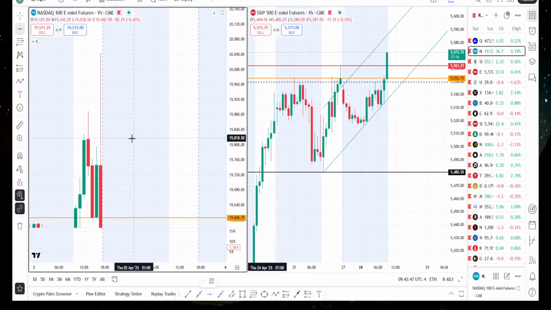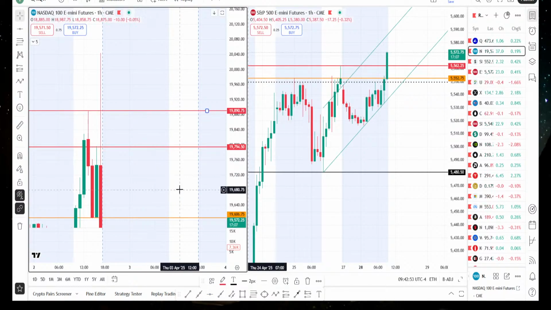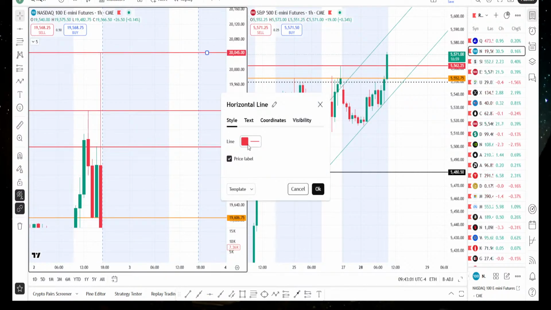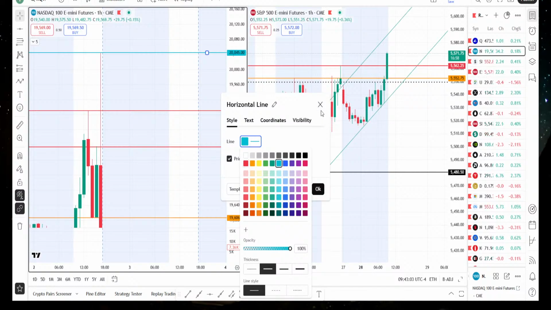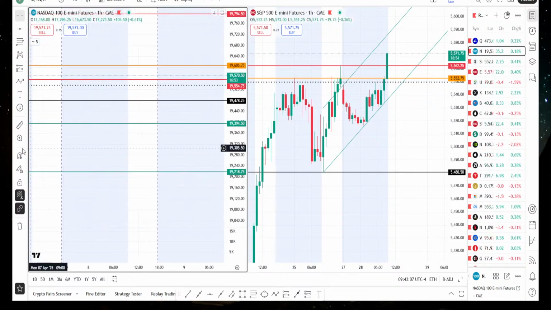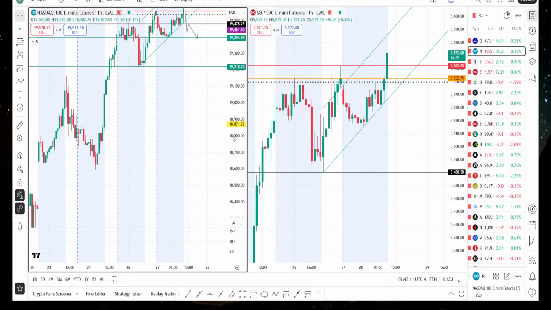And we could go here, and we could go here. And then last and final, I'll mark this as a level of liquidity, and I'll mark those cyan. That's it. I think our chart is ready to go.